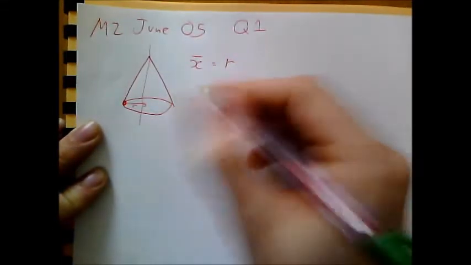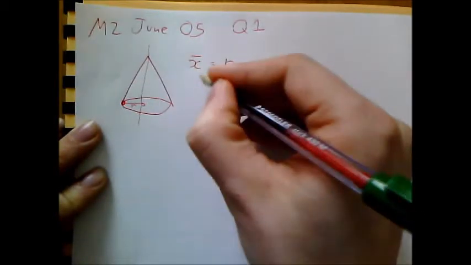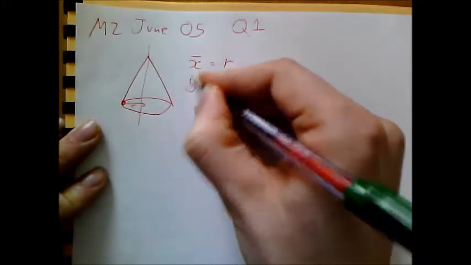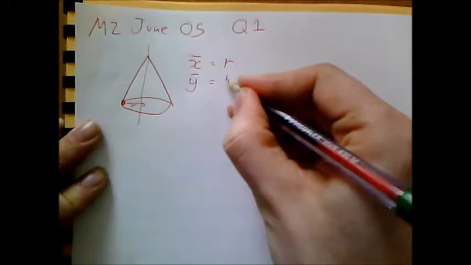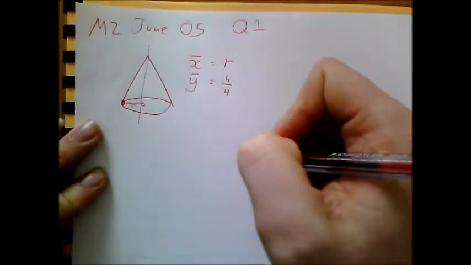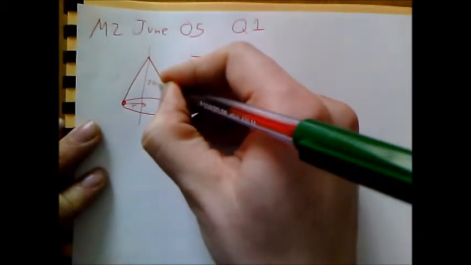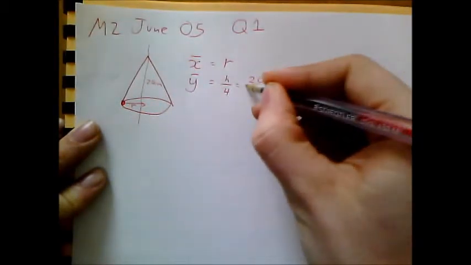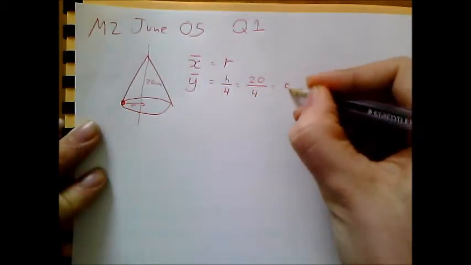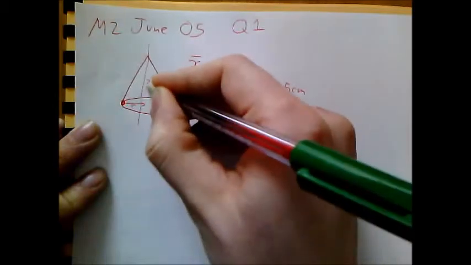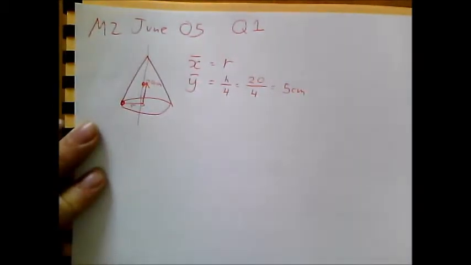It turns out we're not going to be interested too much in this, but it's worth writing down just in case. If you look in your formula booklet, the centre of mass in the y direction is just a quarter of the height for a solid cone like this. We know the height is 20 centimetres, so the centre of mass in the y direction is 20 over 4 from the base, or simply 5 centimetres from the base. So up here somewhere, not drawn to scale.